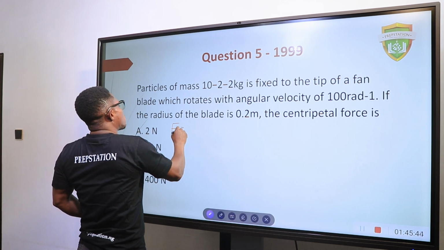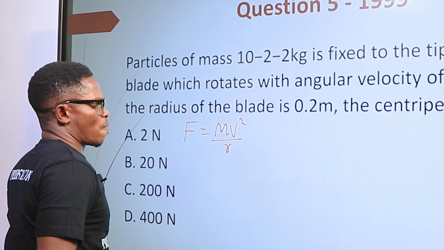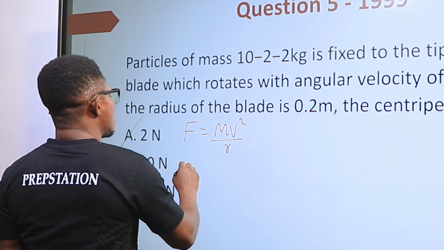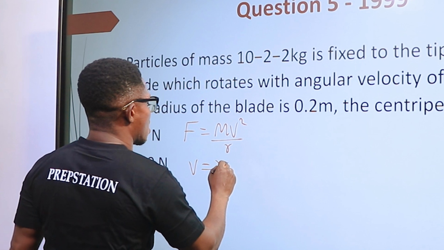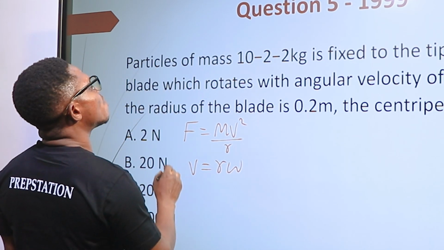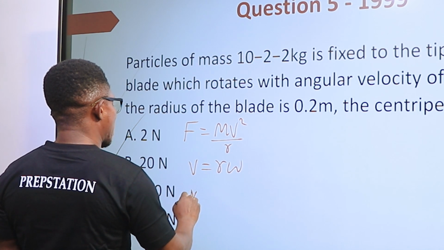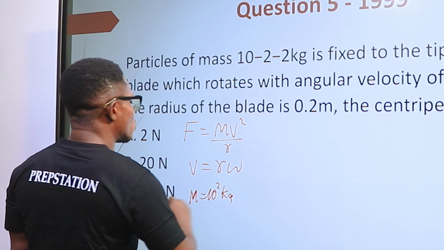Now, centripetal force by formula is mv squared over r. And then v is related to angular velocity by this formula r omega. But what we have from this question, we have the mass as m equals to 10 raised to power 2 kilogram.